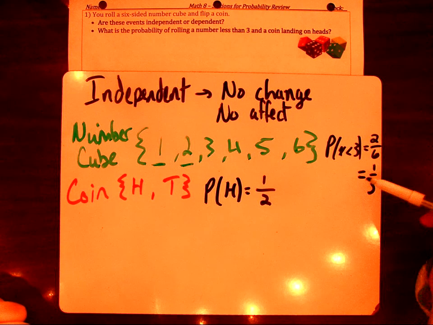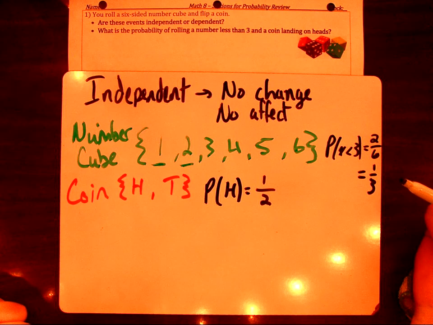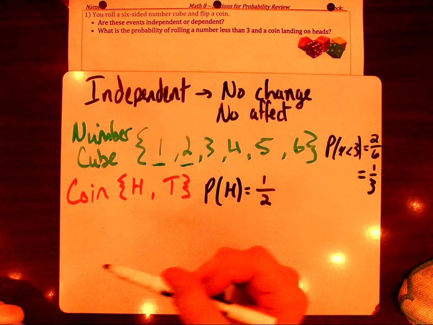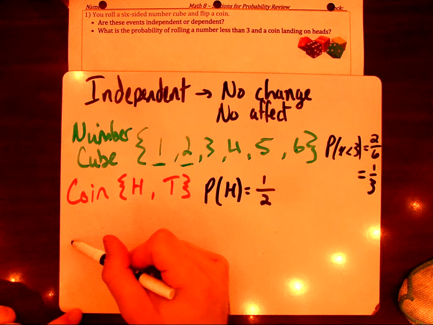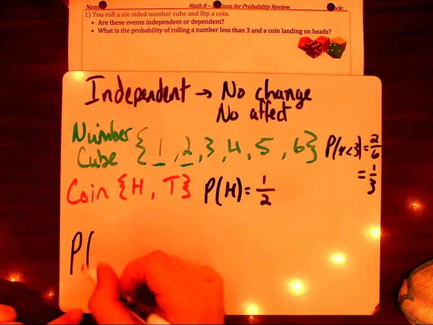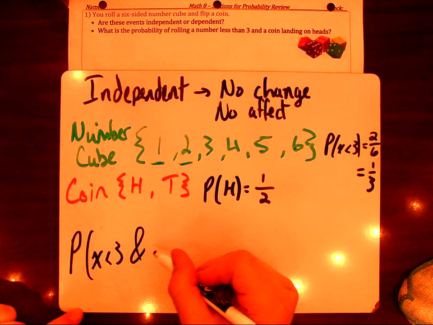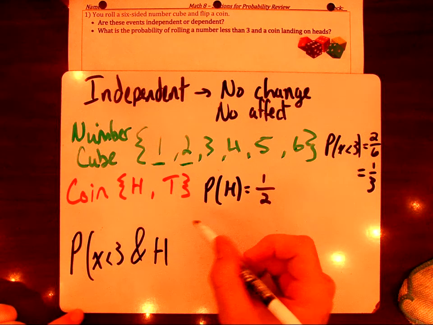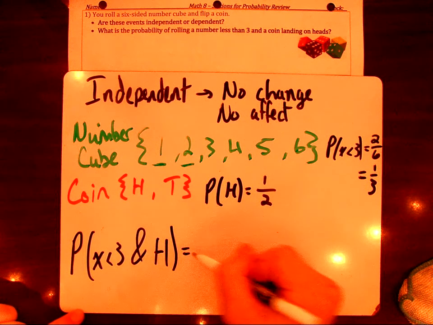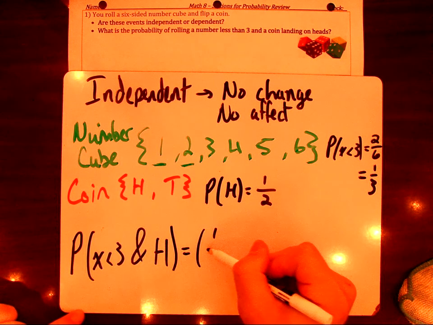And so we just take our 2 fractions and multiply them carefully. And so we say, all right, probability of getting a number less than 3 and flipping a heads on a coin, again, is just those 2 multiplied together.